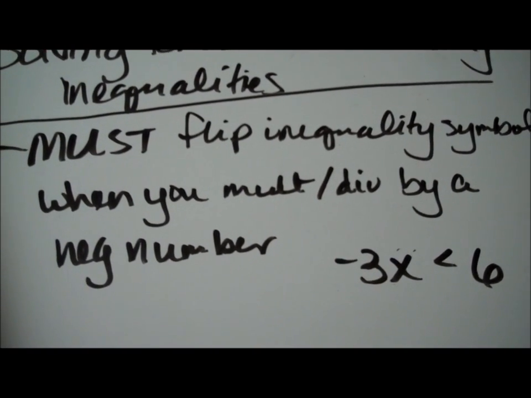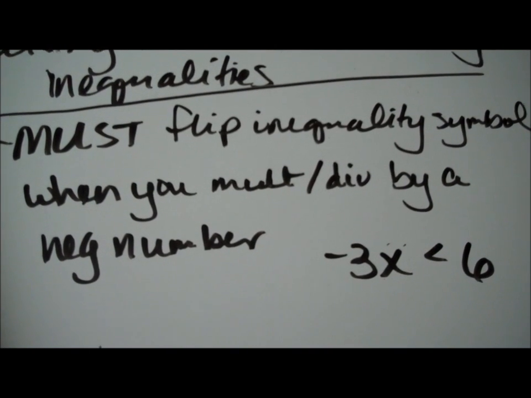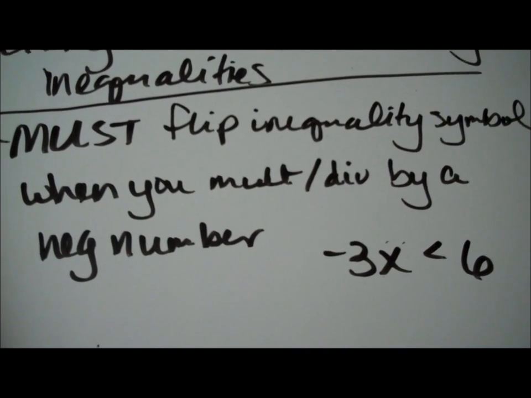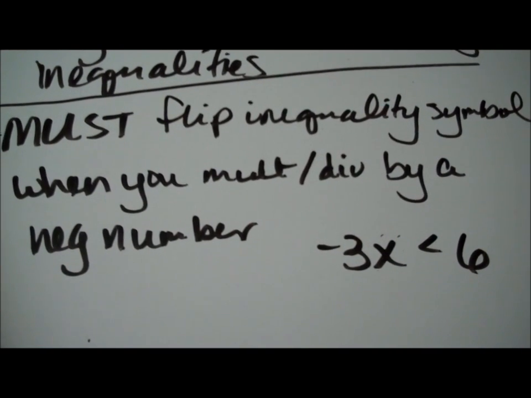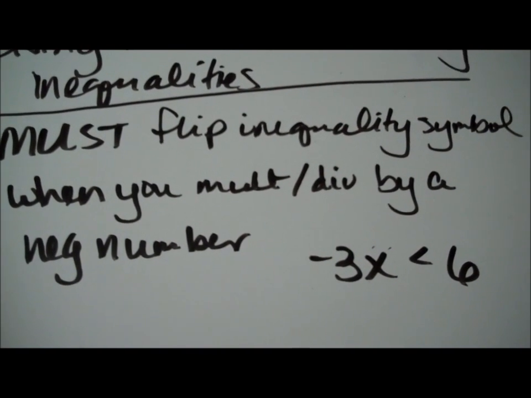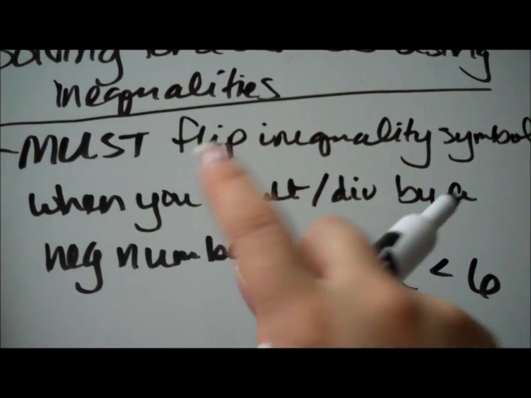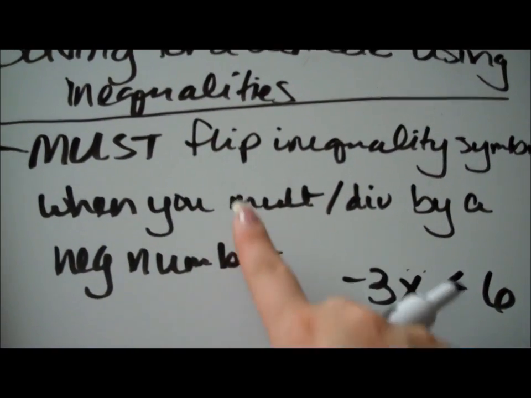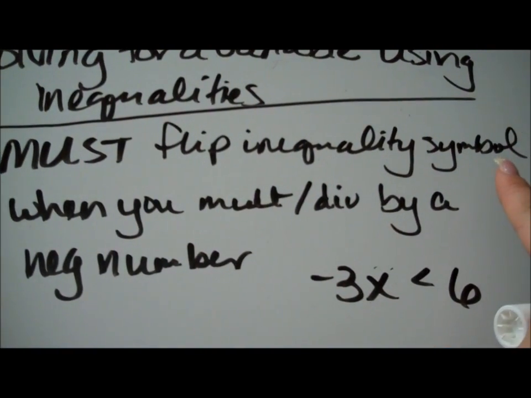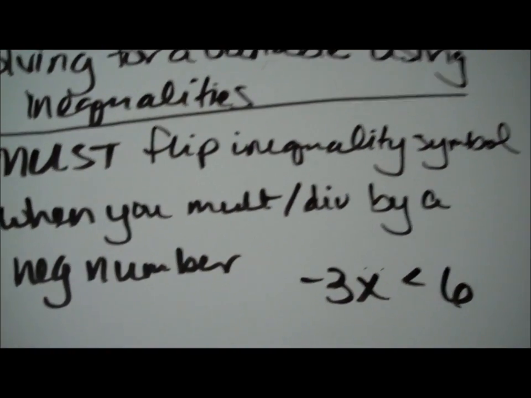So remember on the very first example I went over, I told you that you wanted to try to keep your variable positive. If you do not keep your variable positive, you give yourself a negative variable, which means that you have to multiply or divide by a negative number, which forces you to flip the inequality symbol, which then gives you an extra step.